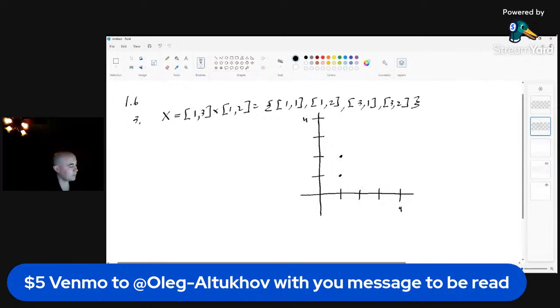X equals 1, 2, 3. Y equals 1. There we go. And 3, 2. All right, check your work. I screwed this up last time. Made a lot of work. It was kind of moot, but okay. 1, 1. 1, 2. 3, 1. 3, 2. Okay.